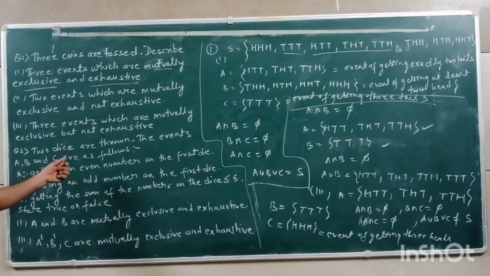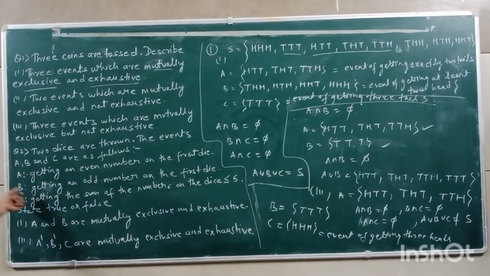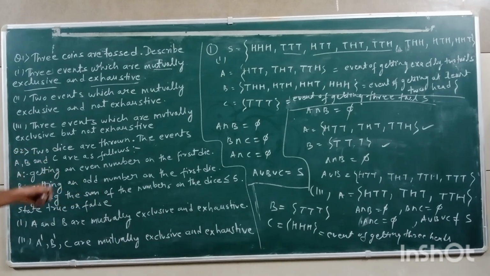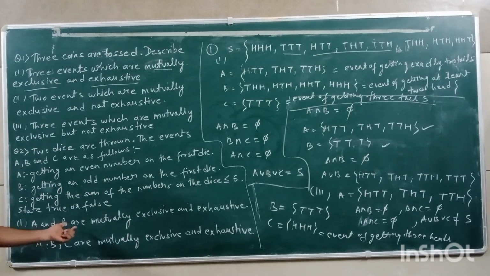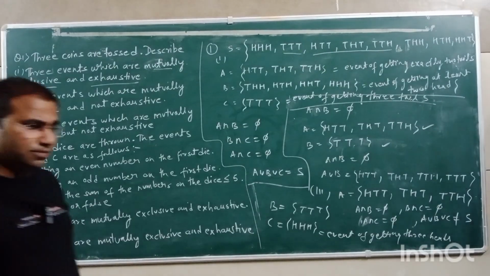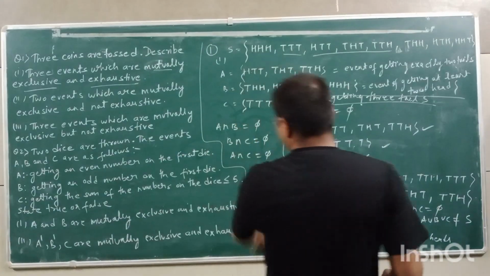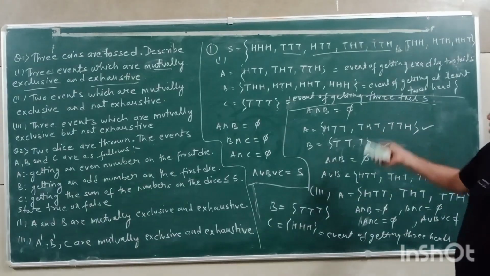Now we will do the second one. In the second one you have to give the answer as true or false. Two dice are thrown, and you have to tell whether A and B are mutually exclusive and exhaustive: true or false. I hope you have noted down this one.